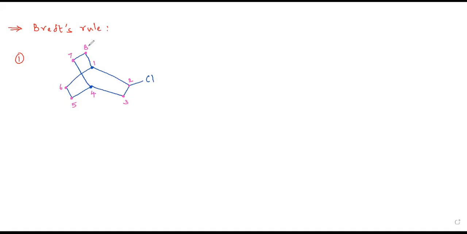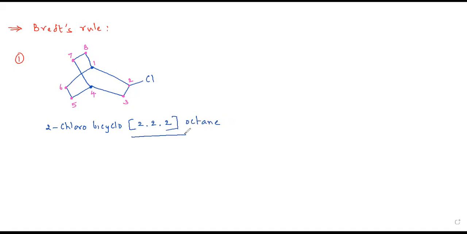Let us write the name of this. It is a 2-chloro bicyclo. The first bridge has 2 carbons, the second also has 2 carbons, and even the third one has 2 carbons, and a total of 8 carbons.